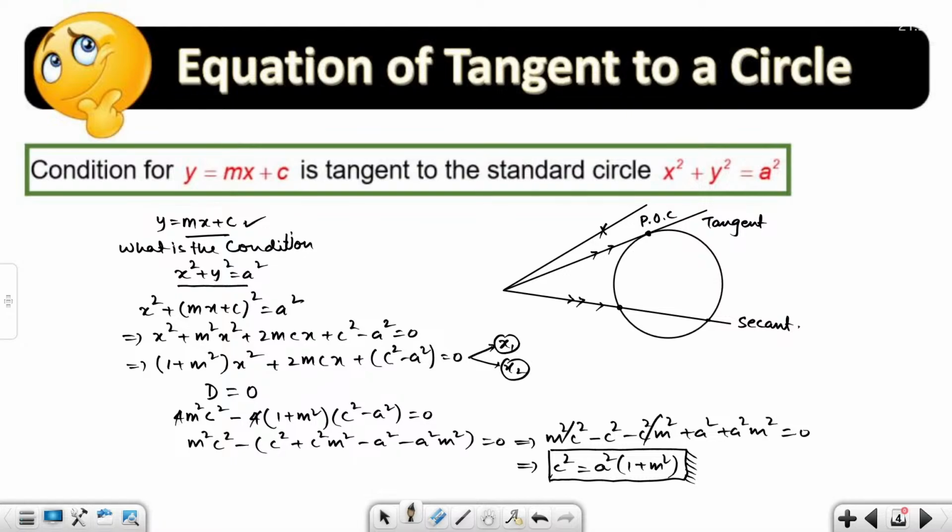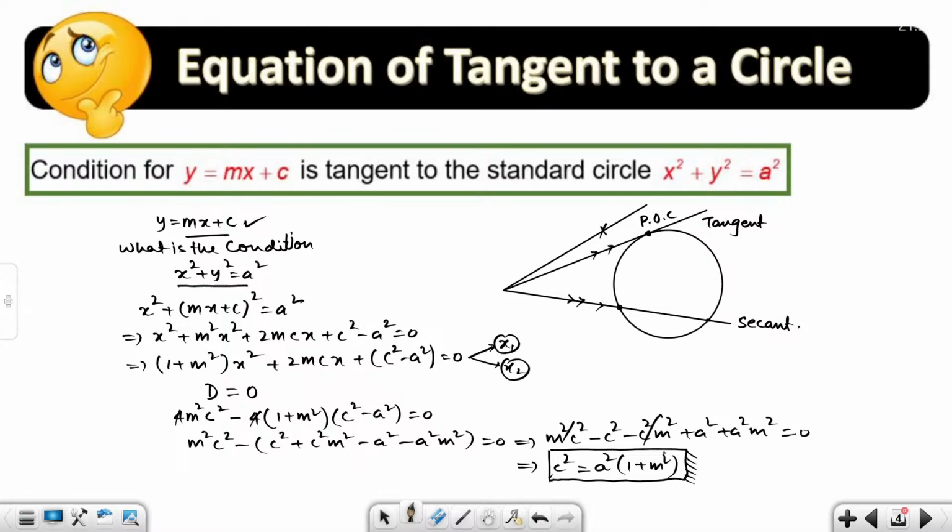Now a question can come, say, do I have to remember the method of finding out this condition? My answer is yes. You must remember the method, because in some questions we cannot use this formula. We will come across those questions afterward.